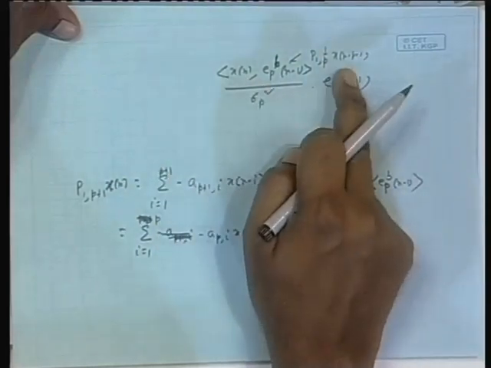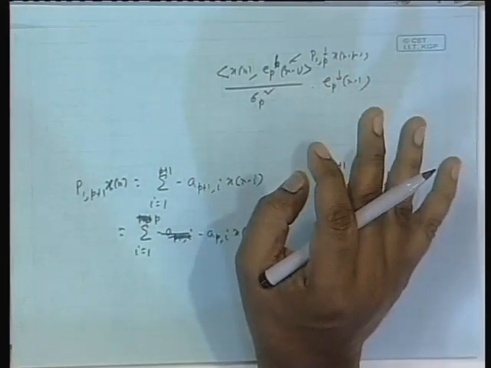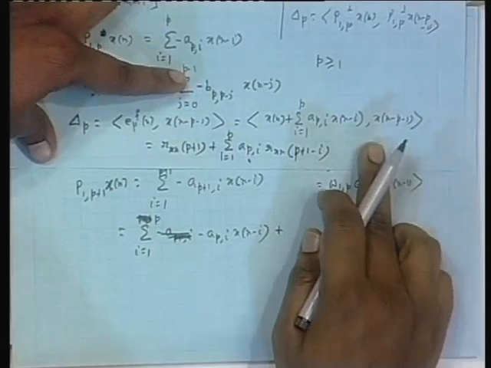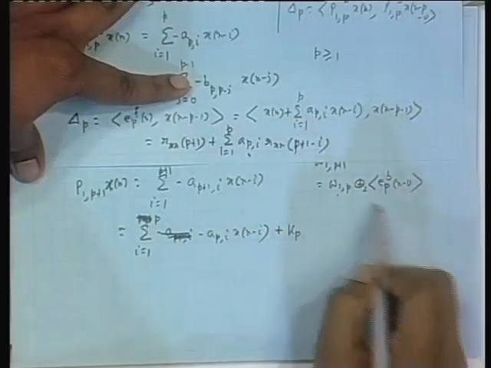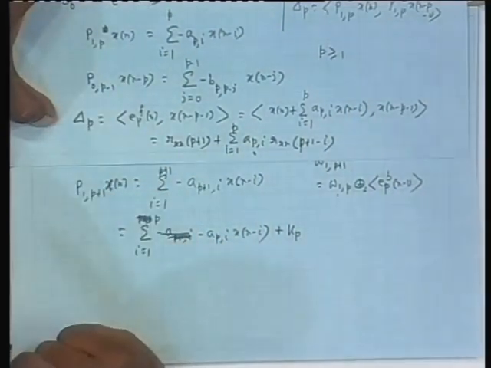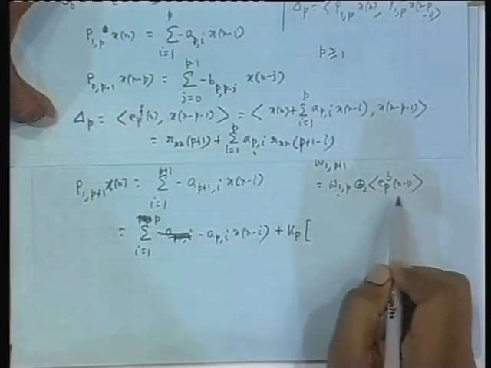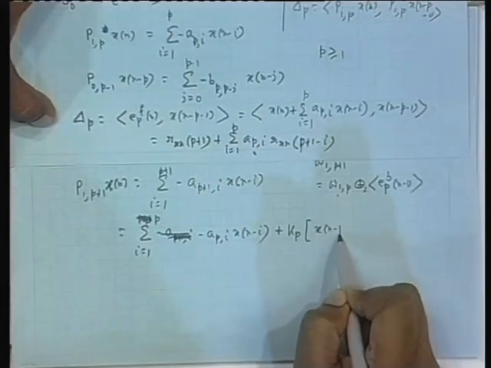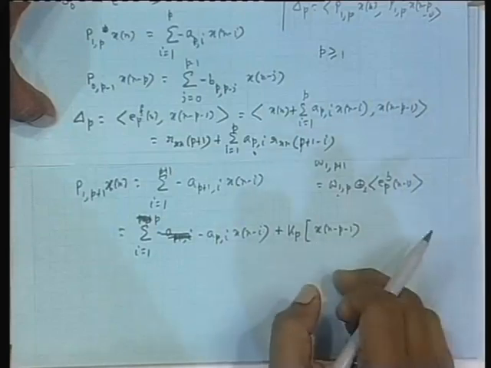EPFN with this, that is delta P divided by sigma P square, whole thing I give name as Kp, reflection coefficient. So, Kp times this fellow, and what is this fellow? This fellow is error, isn't it? Error means x n minus P minus 1, this is the original one, minus the error.